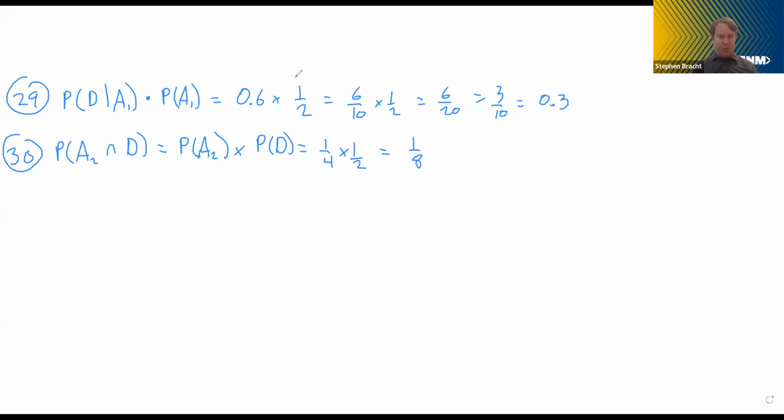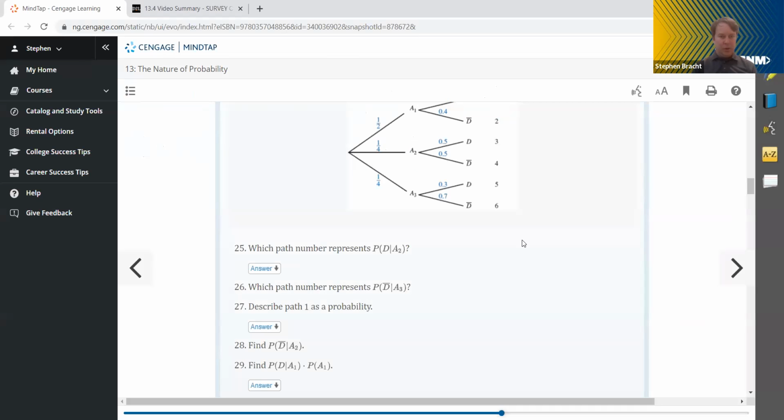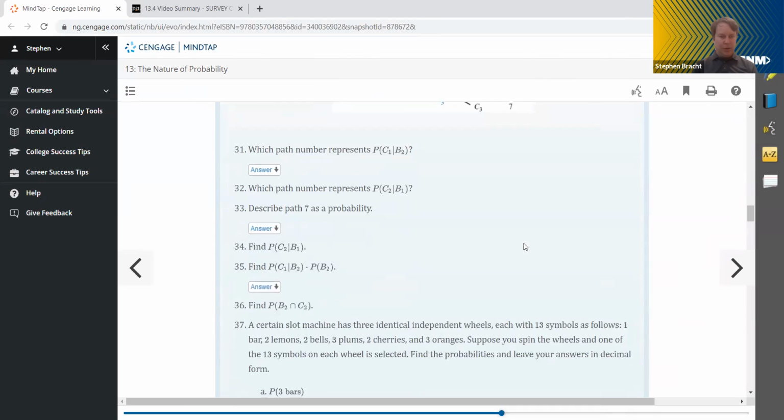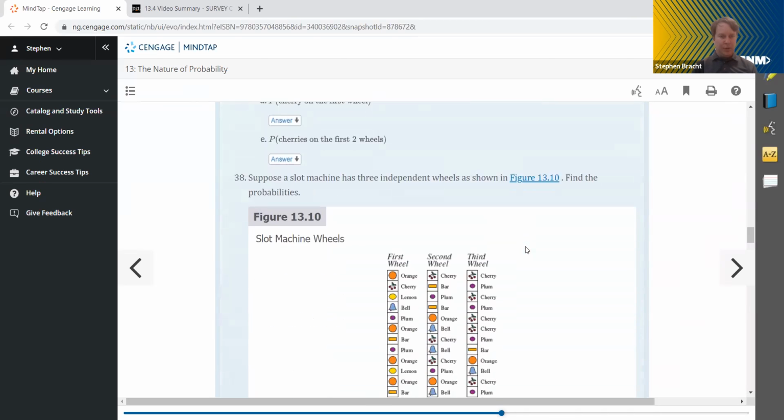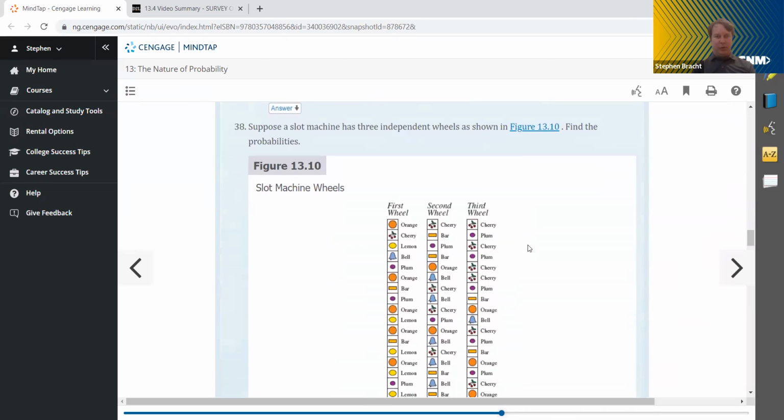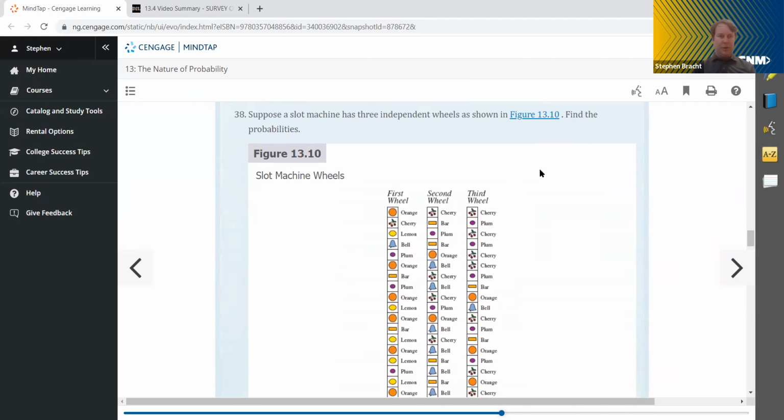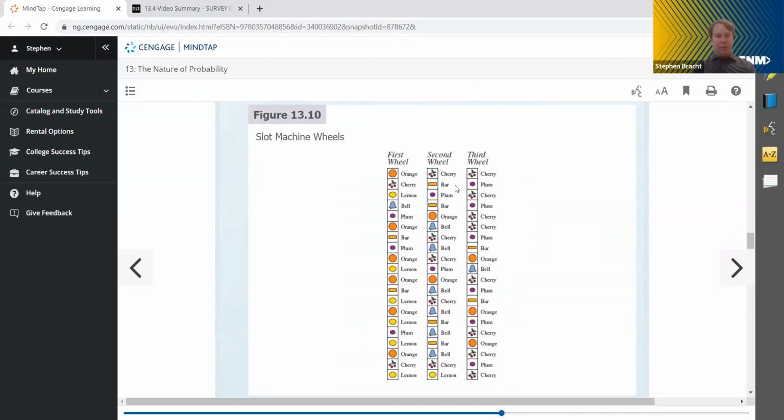There's two other problems I'd like to go over before we finish up for today. The next one I want to look at here is 38. Suppose a slot machine has 3 independent wheels as shown in figure 13.10. Find the probabilities. Independent just means that you spin one wheel and it'll land on something, then you spin the second one, it'll land on something, you spin the third one, it will land on something, but they're independent.